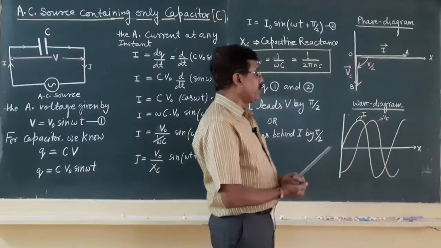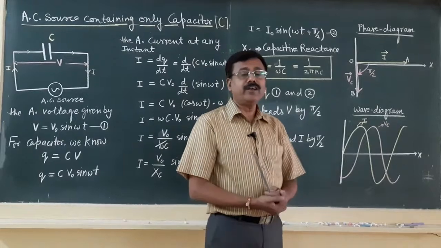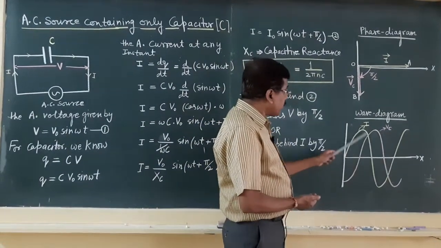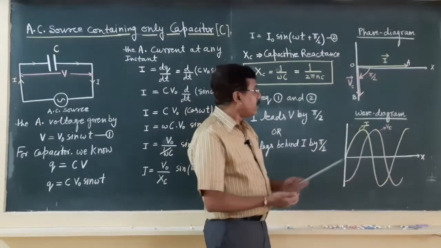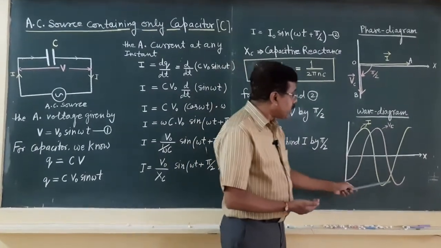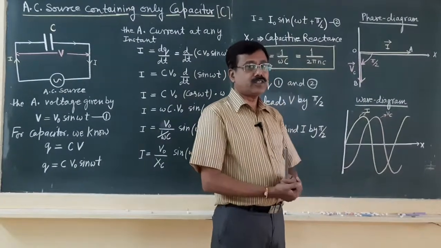In terms of the wave diagram, the voltage always lags behind current. So, the yellow curve represents the sine, that is the current, and the pink curve represents the voltage across the capacitor, minus cos theta.